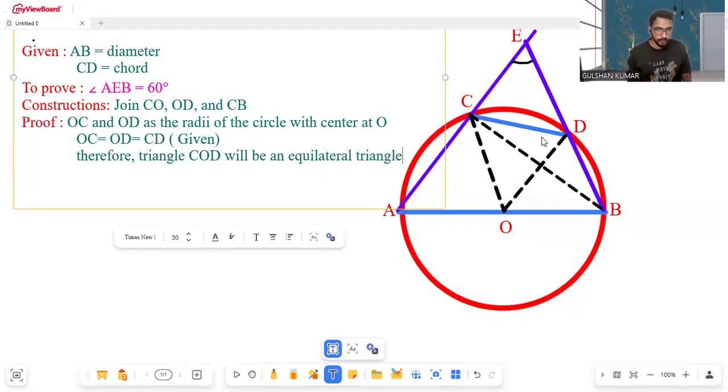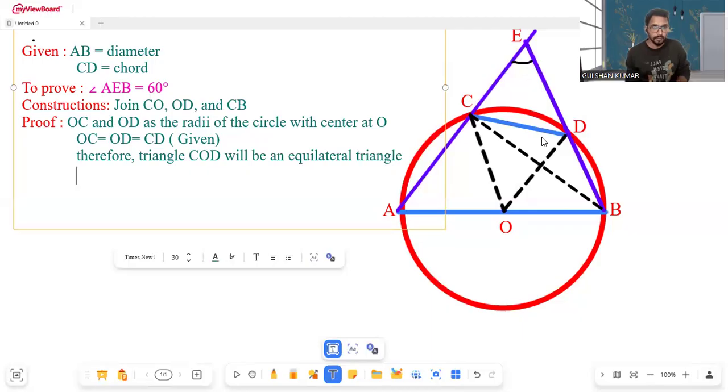In an equilateral triangle, all three sides are equal to each other.